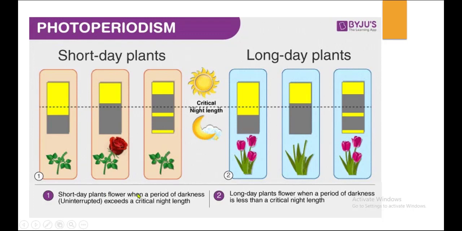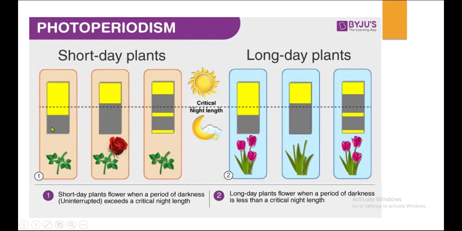Short day plants need a longer dark period. For example, it can be 8 hours, it can be 10 hours. If the darkness exceeds this critical length, then flowering is induced.